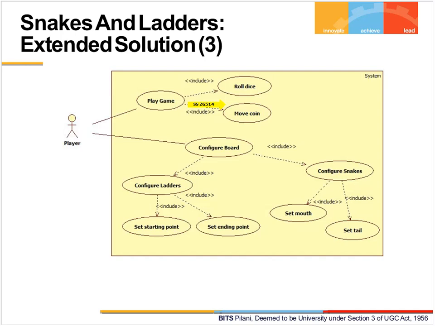There are a lot of questions coming in the chat asking how will we know the winner, how will we know the position. This is not what we are trying to capture in a use case diagram. Please, this is very important to remember.